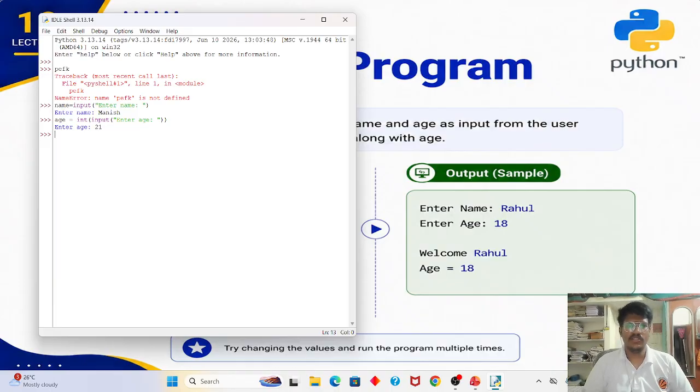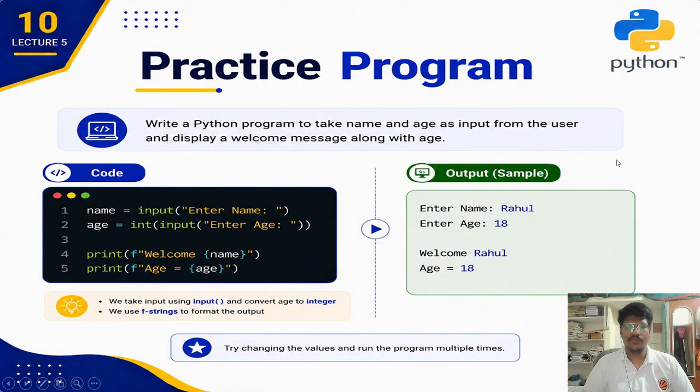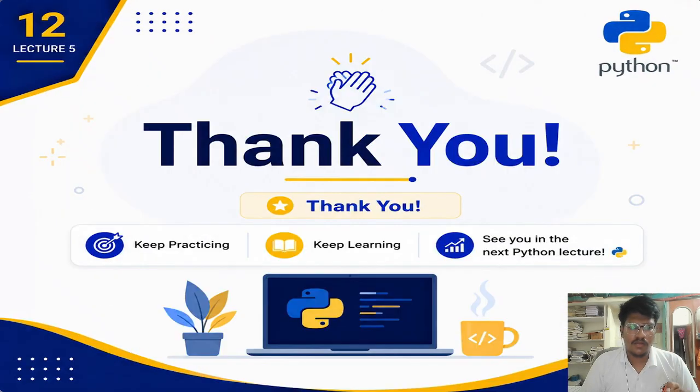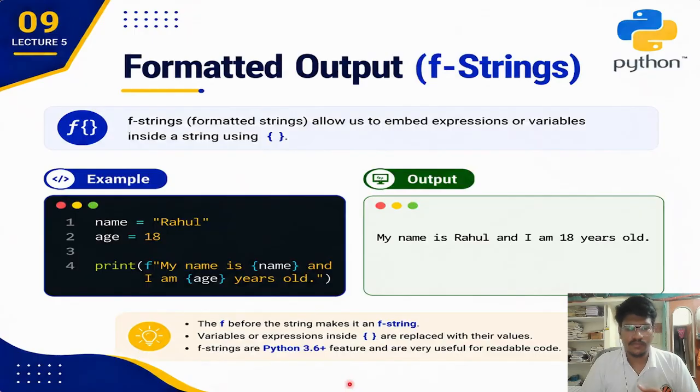Now at the advanced level: input handling, error handling intro. Now let's think about what happens if the user types something that isn't a number for the age.